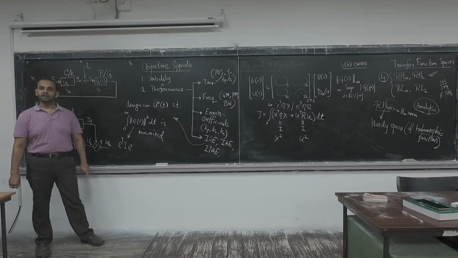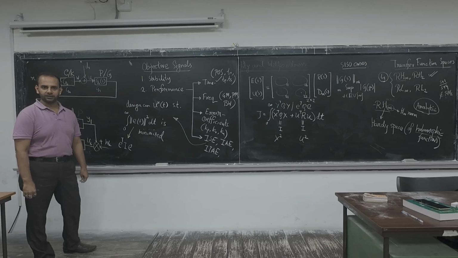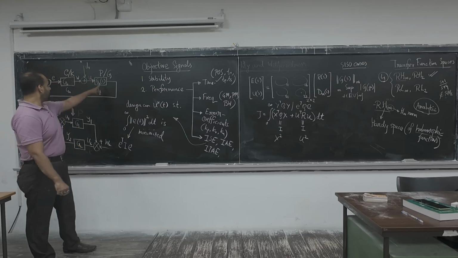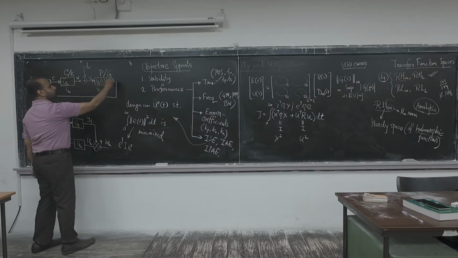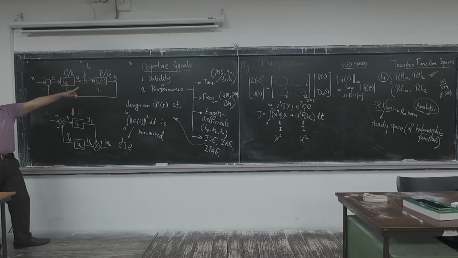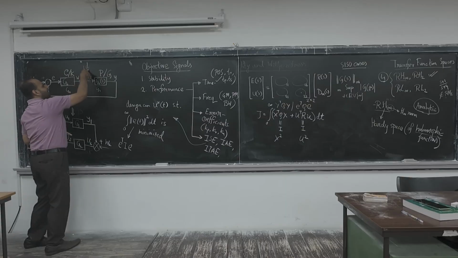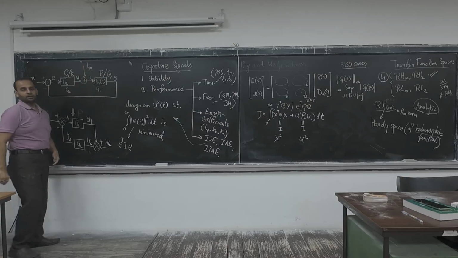Now, if somebody says you have to go for disturbance attenuation, what is disturbance attenuation? Suppose this is Y, and Y(t) will have a component due to R, and a component due to D0, or rather I can write D in, because it is input side.